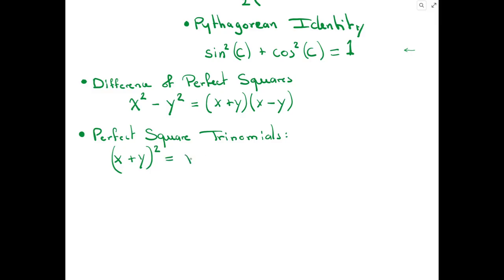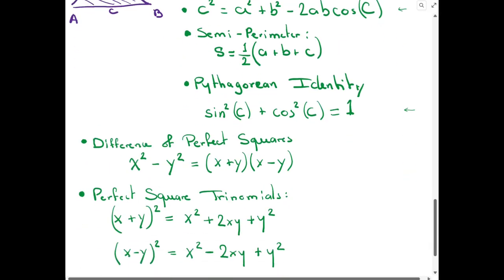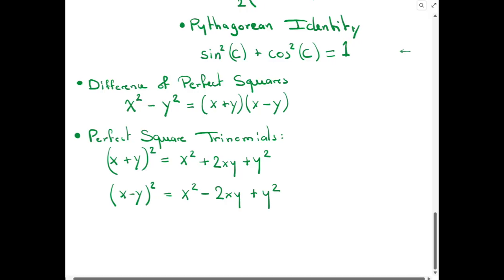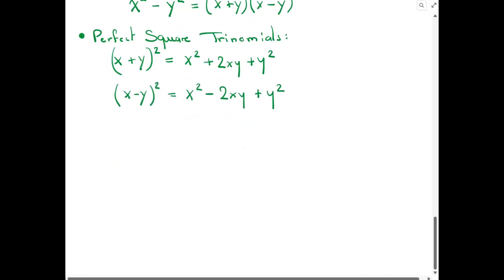This will expand as X squared plus 2XY plus Y squared. And if I had the subtraction of that, it would be X minus Y quantity squared, and that would then be X squared minus 2XY plus Y squared. Okay, those are all the things we need to remember, and we already know all of that. We have learned that. So now let's see if we can put that in action and do the proof.